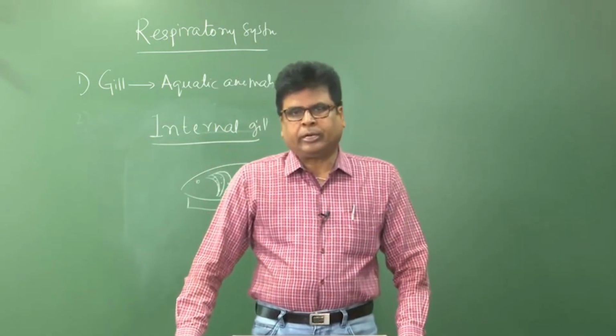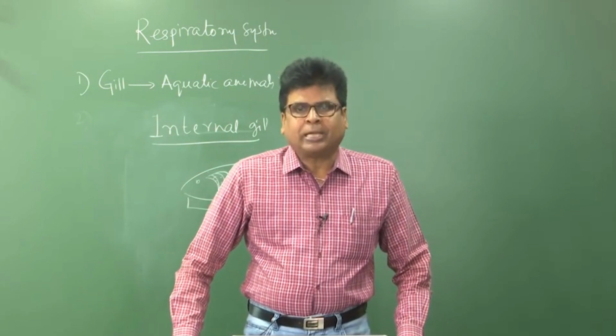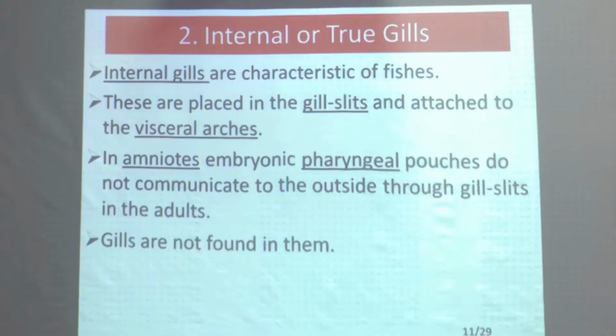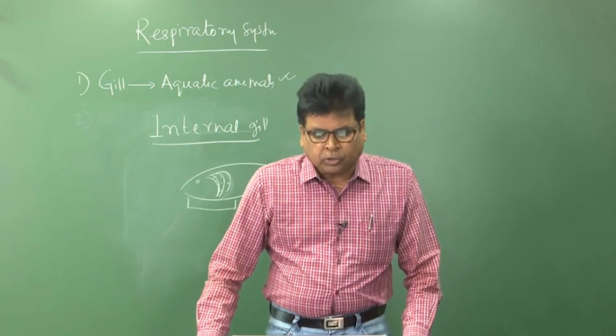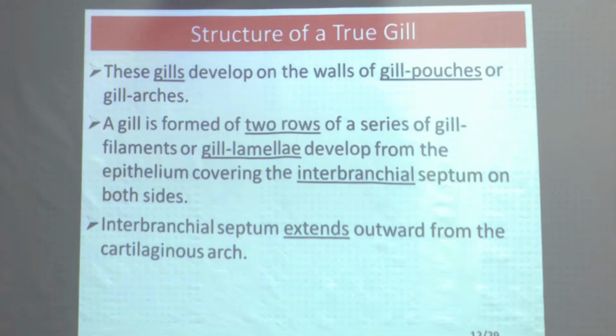In amniotes, embryonic pharyngeal pouches do not communicate to the outside through gill slits in the adult. Gills are not found in them. Now come to the structure. These gills develop on the wall of gill pouches or gill arches. Gills are developed from the gill arch, the cartilaginous structure.